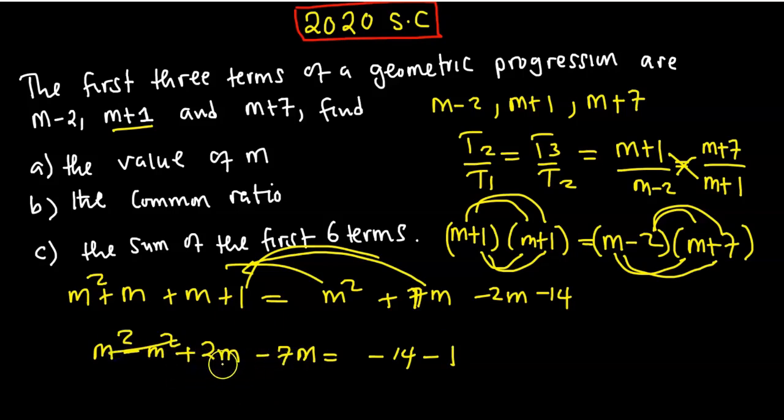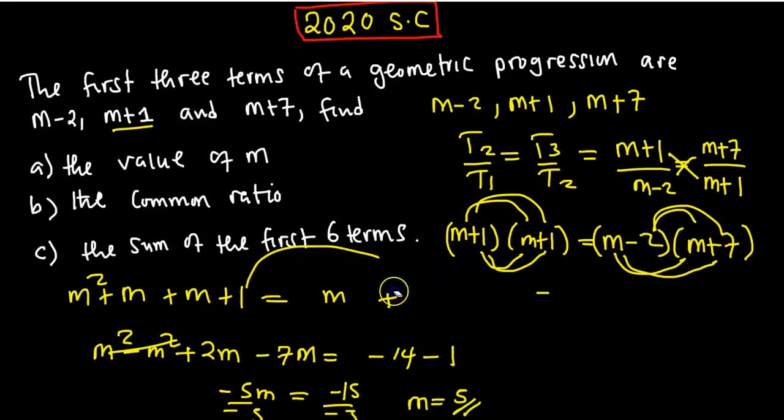Here 2m minus 7m is negative 5m, equal to negative 15. Divide by negative 5, and therefore m is equal to 3. That is how we answer the first question.